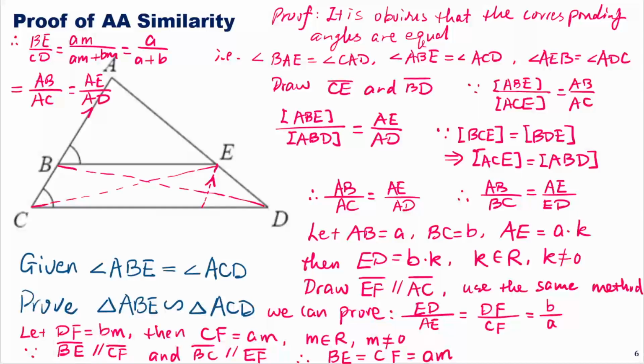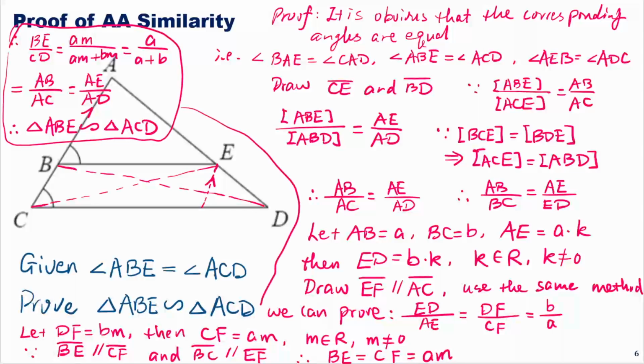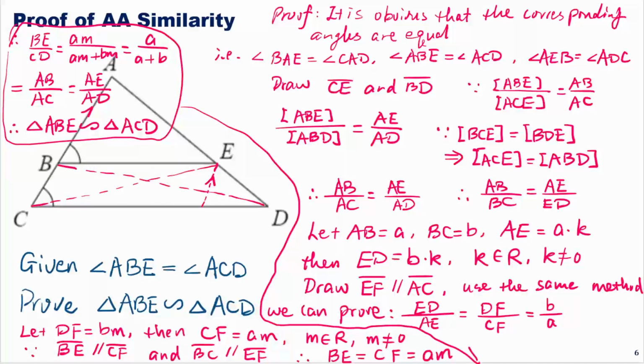You see that? Therefore, we have proved the corresponding angles are equal, corresponding sides are proportional. Then we can conclude triangle ABE is similar to triangle ACD. So I'll put it here, okay?